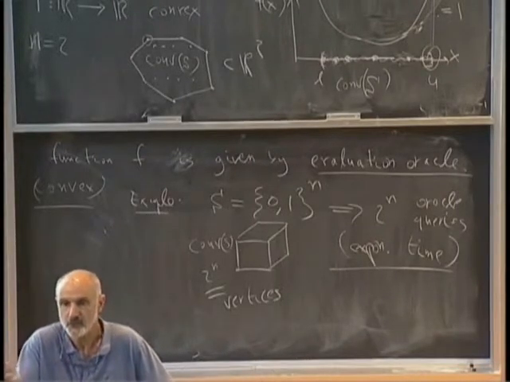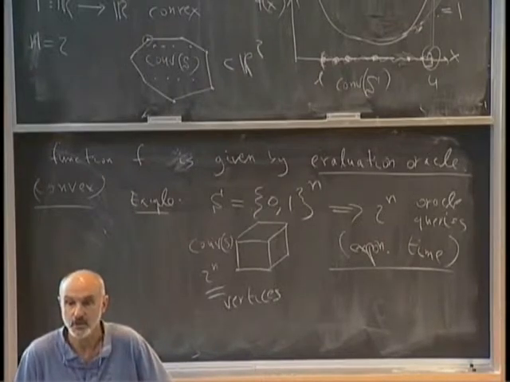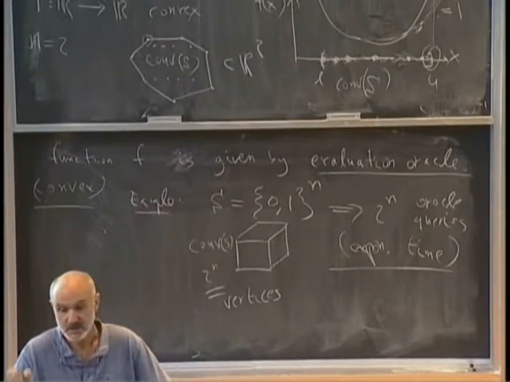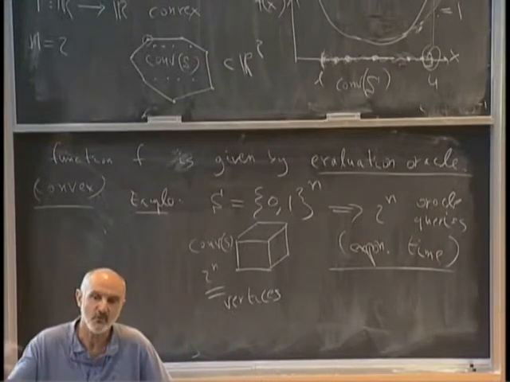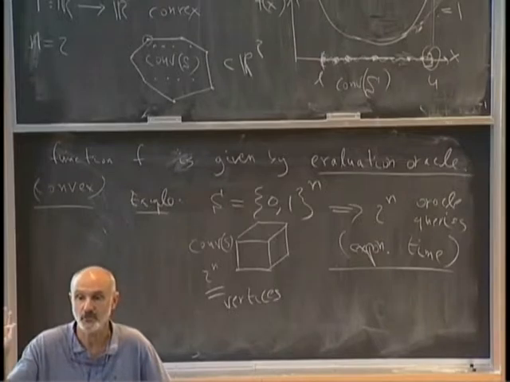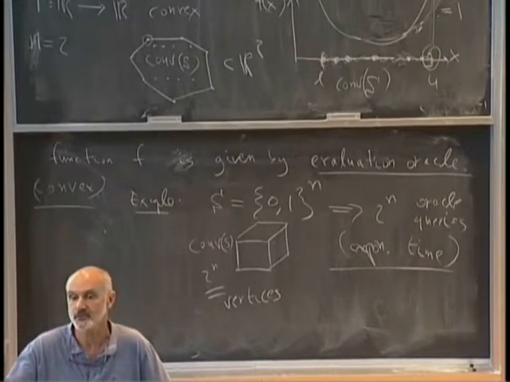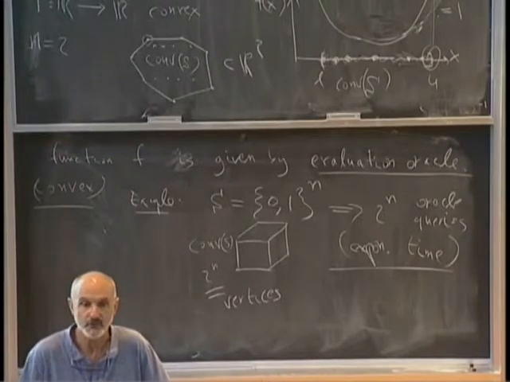And that's a good direction to study. What I'm doing here is looking at the most abstract and general setup where I just have an evaluation oracle. So the function can be arbitrary. I have no formulas, no assumption of structure except for convexity. If you make extra assumptions, say this is a convex polynomial of bounded degree, you may find a better way, and this is a nice problem.